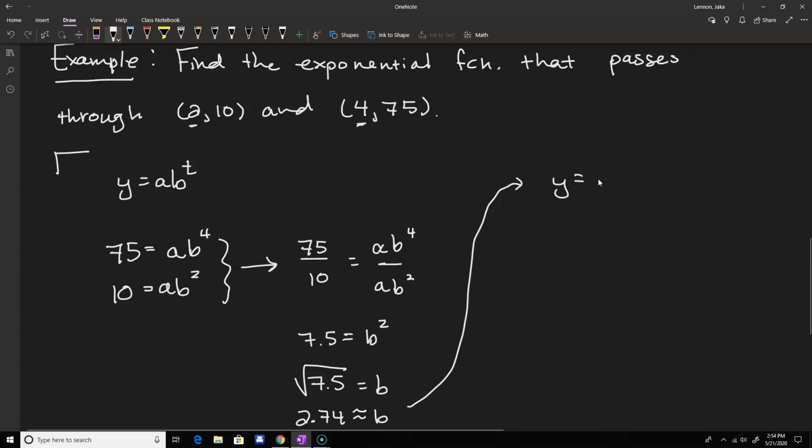So then we have, what do we know? We now know that y is equal to a times 2.74 to the t. So we can plug in either one of the 2 points for t and y and then solve for a. So for this part, I'm going to plug in 2 and 10 because the numbers are a bit smaller. So we get 10 equals a times 2.74 squared. And then we can just divide on both sides by 2.74 squared.